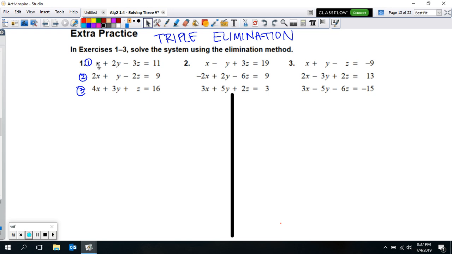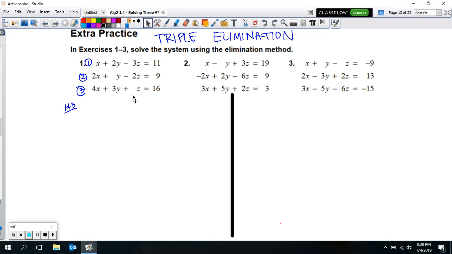And if we look at some of these, I'm going to choose to put together 1 and 3 first. So equation 1 and equation 3, if you look at that, we have an x, 4x, 2y, 3y, negative 3z, positive 1z. So the one that is the opposite sign is the z's there.